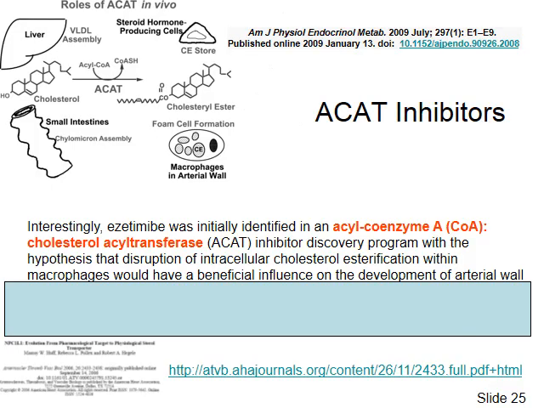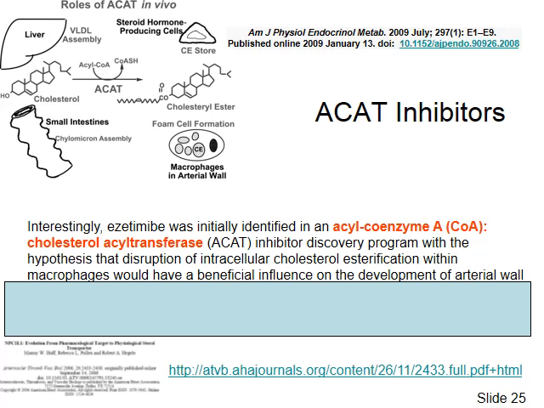And so again, if we now look at ACAT up here in the upper left, ACAT is going to be used to convert cholesterol to a cholesterol ester. And so it was originally thought that ezetimibe was an ACAT inhibitor.